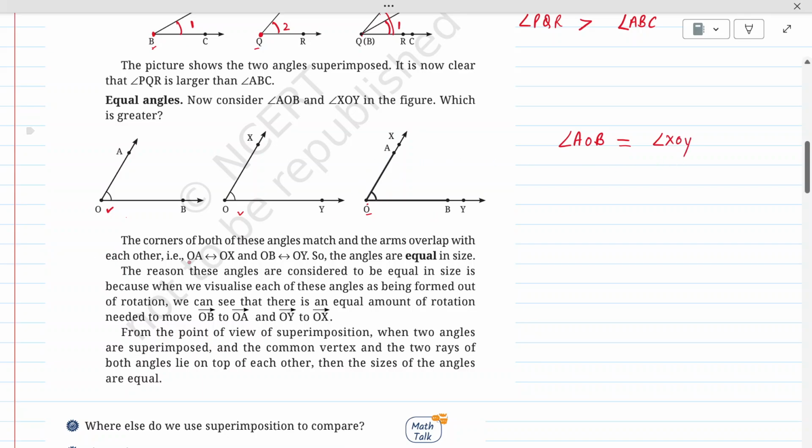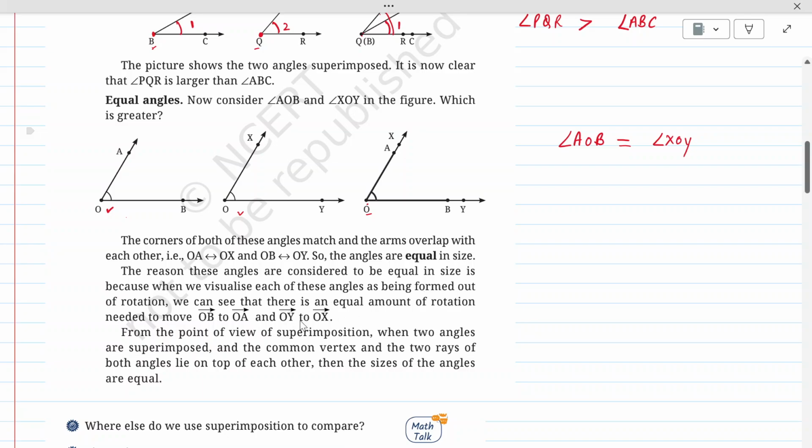So let us see what is written here. The corner of both the angles match, that is O, and the arms overlap with each other, which we have also seen. OA and OX are in the same line, they overlap. Similarly, OB and OY are in the same line, they also overlap. The reason these angles are considered equal in size is that we visualize each of these angles as being formed by rotation.